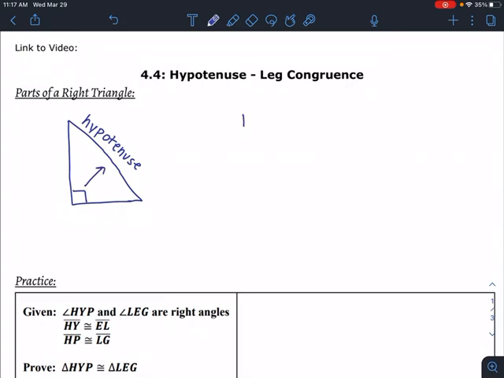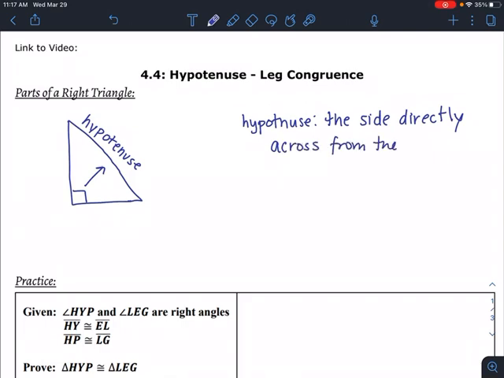The hypotenuse is the side directly across from the 90-degree angle, which is the longest side. I'm going to highlight that. So we have our hypotenuse, which is right here. Again, that is the side directly across from the 90-degree angle, and it's also the longest side.